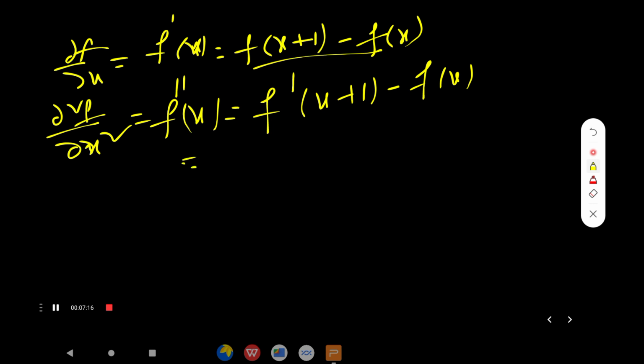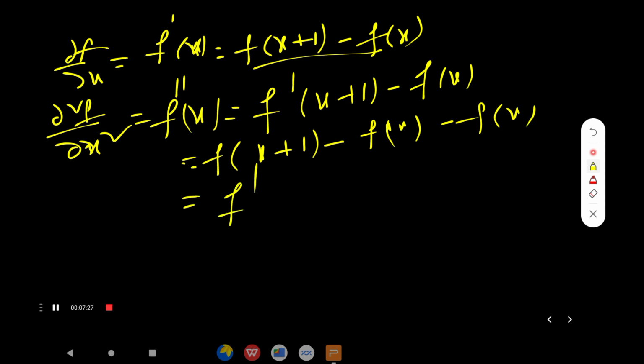Therefore, f dash of x plus 1 minus f of x.